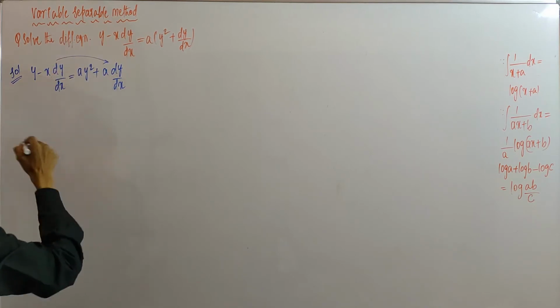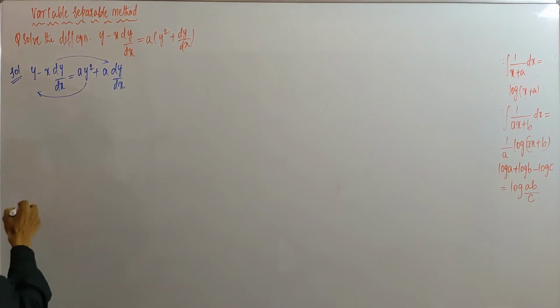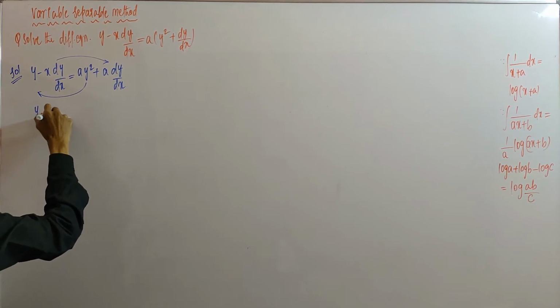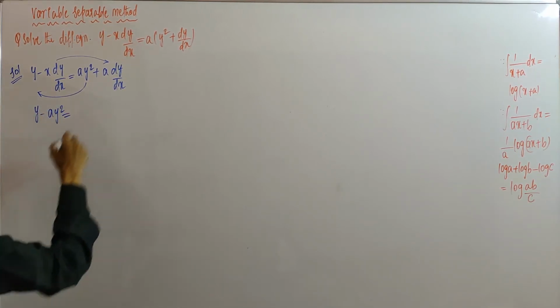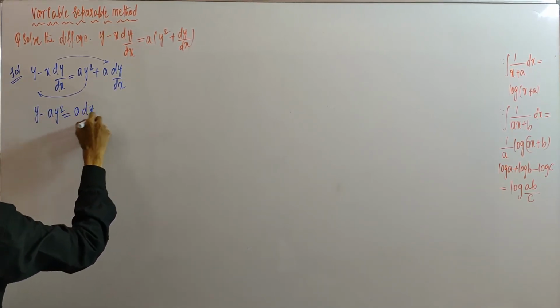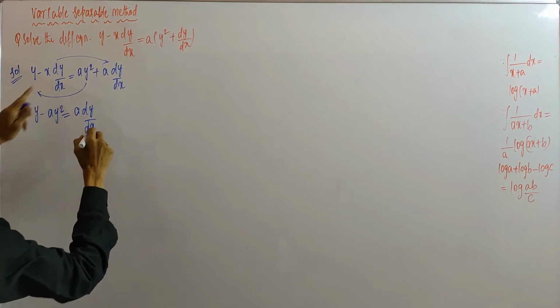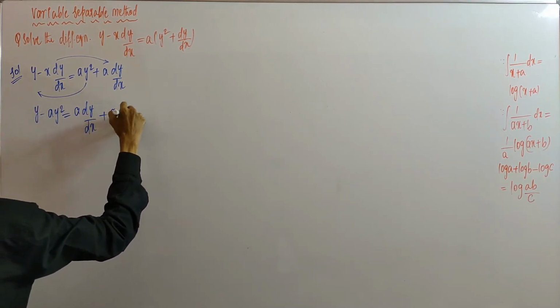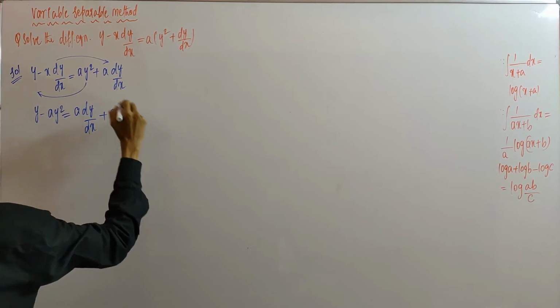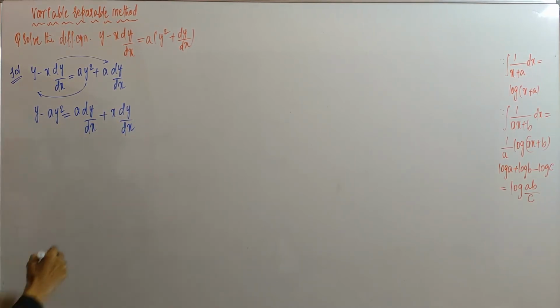Now send this dy by dx here and this a y square here. We have y minus a y square is equal to a dy by dx, and this becomes plus x dy by dx. Here take y common.